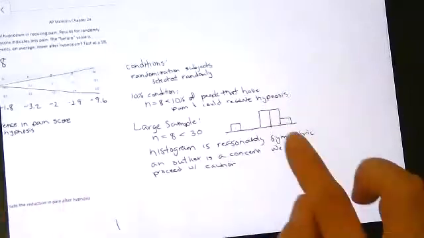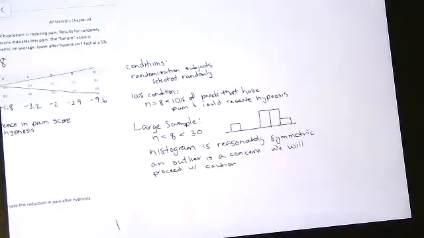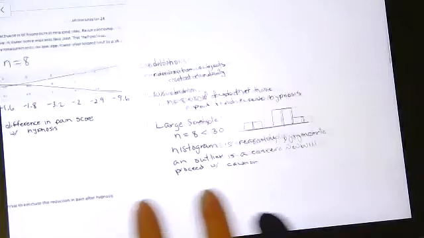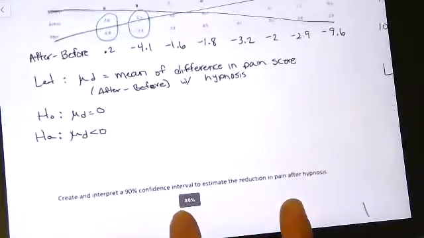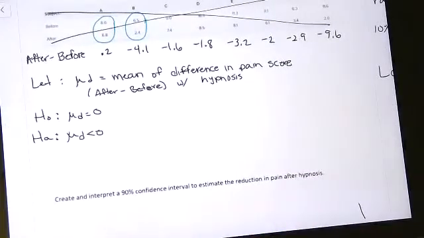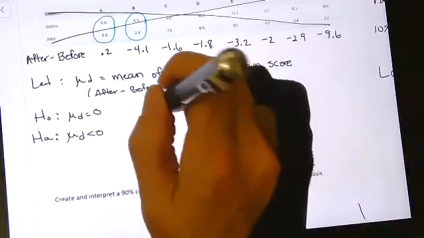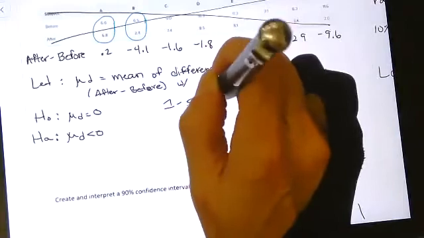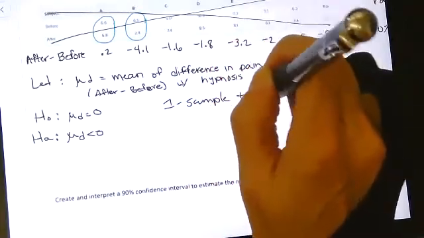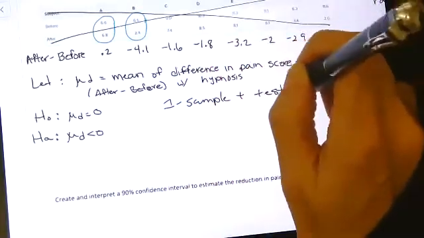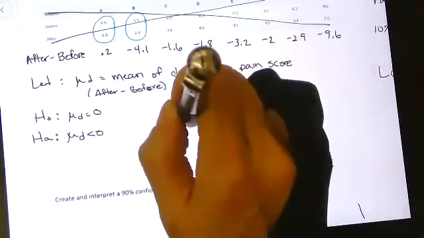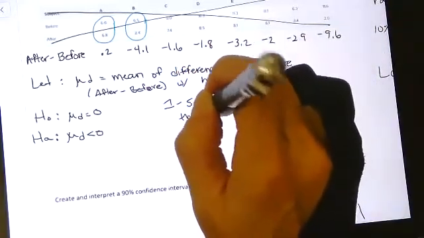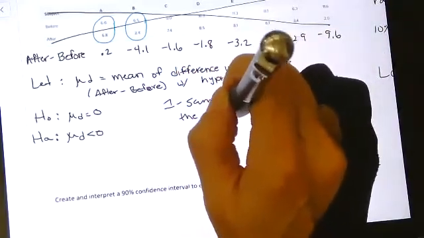But if we had more subjects and all of that got filled in, it's not really an outlier at that point. So at the very least, I have some concerns about that. But we will go ahead with a 1 sample t-test on the differences. You could also call it a paired t-test.